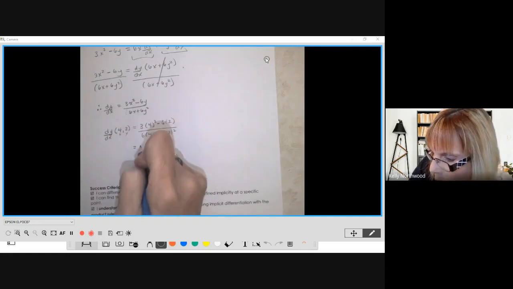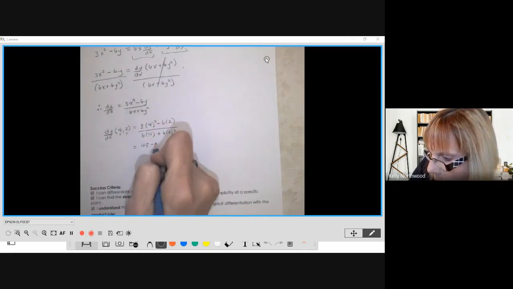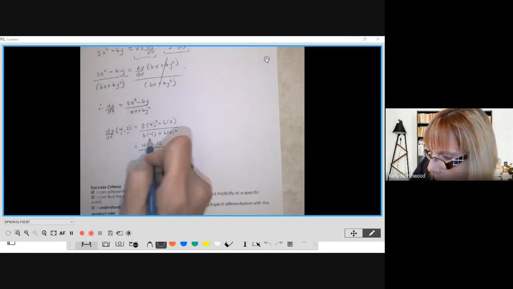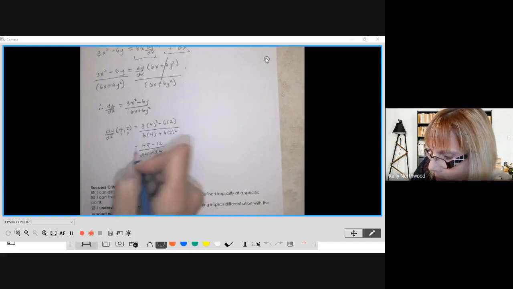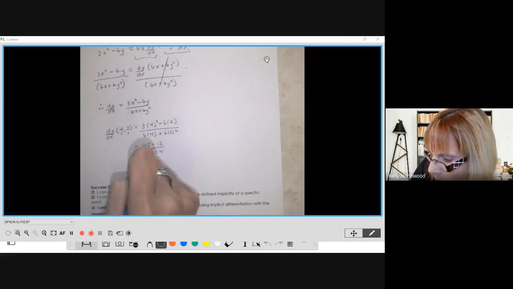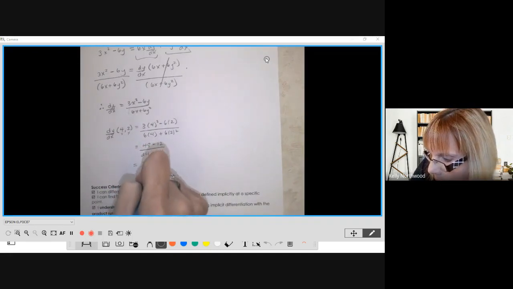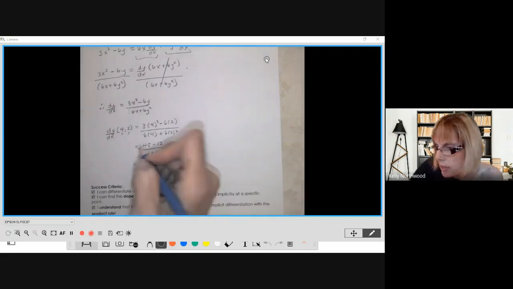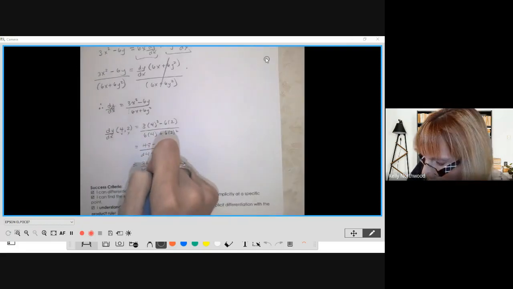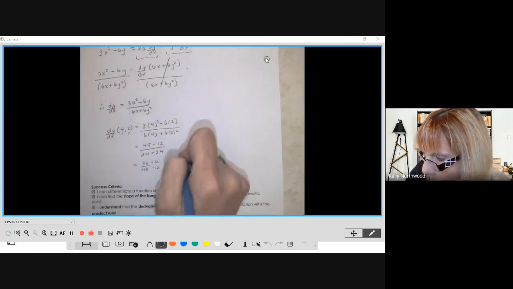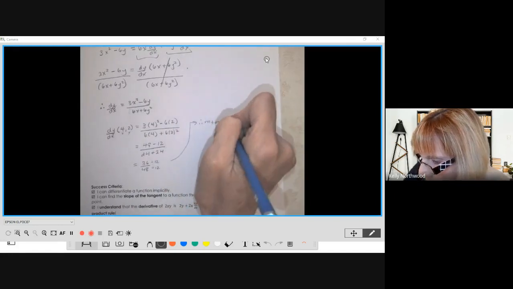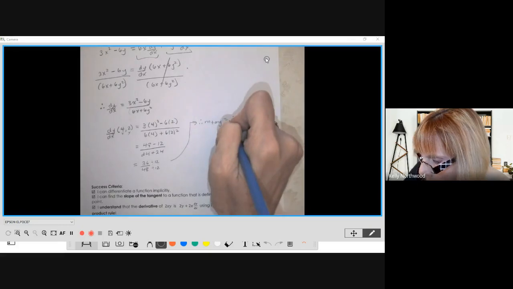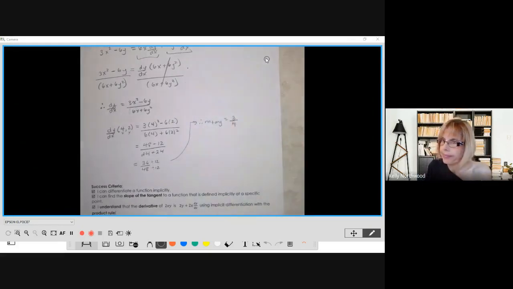So that's 48 minus 12 over 24 plus 24, which is 36 over 48. That reduces, 12 goes into both of them. So therefore, m tangent is going to be 3/4.